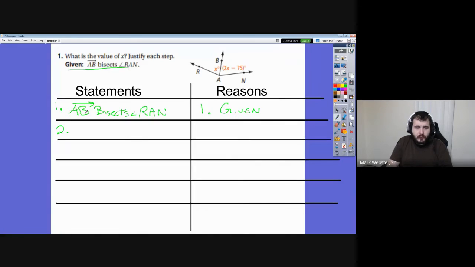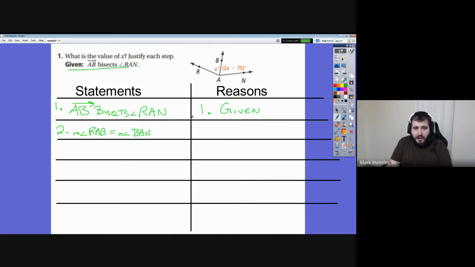Number 2, so what does ray AB bisecting angle RAN tell us? Well, it tells us that these two pieces, the two angles, are the same as each other. That the measure of angle RAB is the same as the measure of angle BAN.